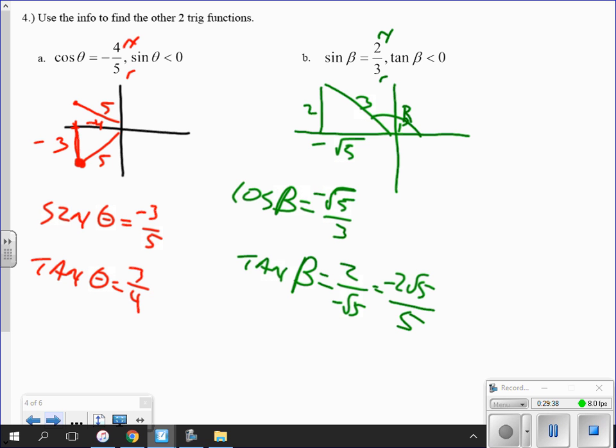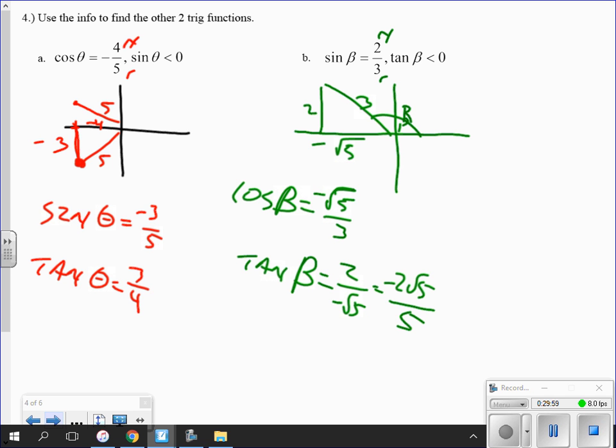Yes? So if the sine is 2/3, doesn't that mean that the y-coordinate is also 2/3 then? No. The sine, when you're given a fraction like this, I understand your question, but we are not on the unit circle.